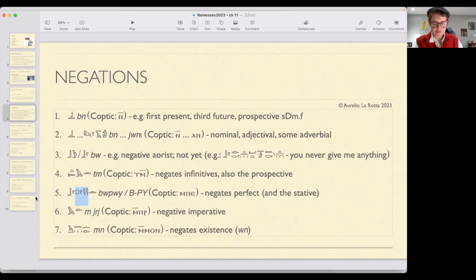This one I do know that Zatzinger has something on. He basically breaks that down as essentially the same bu as here, the B. That's why he transcribes that as B and then PY. This here he has as a verb to have done in the past. So not to have done in the past. That would be something like didn't in English, basically, just with a not in front instead of at the end.